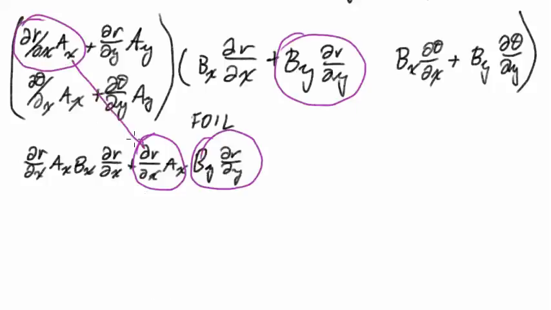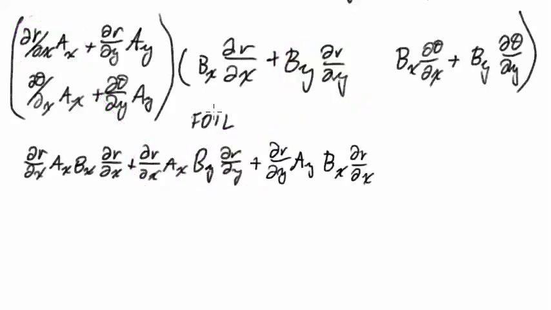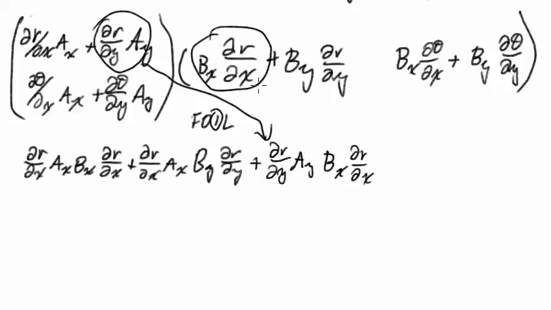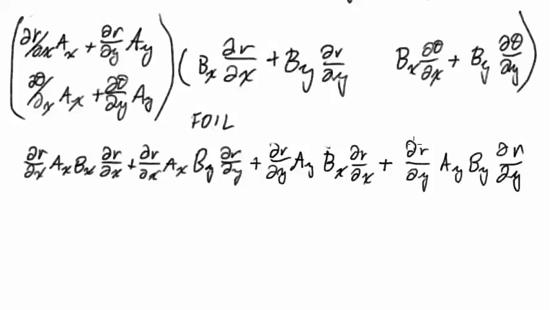The outer is del r, del x, a sub x times b sub y, del r, del y. The inner is del r, del y, a sub y, times b sub x, del r, del x. And the last is del r, del y, a sub y, times b sub y, del r, del y.